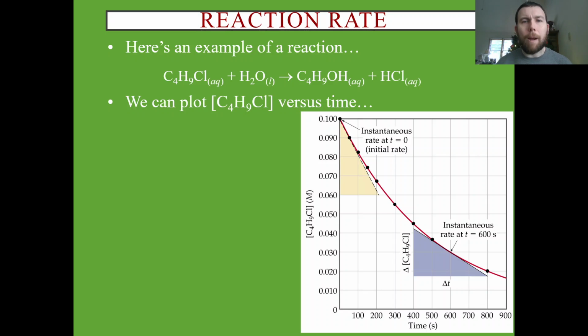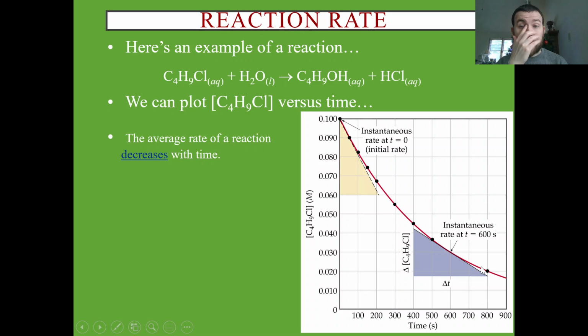And one thing that it's important to recognize here is that the average rate of the reaction is going to decrease over time. All right, that should make sense, right? Starts off initially, maybe it's going a little faster, but then as we get to lower and lower concentrations, notice that we start having less and less change in our chlorobutane, right?